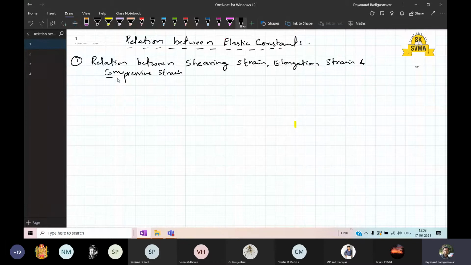These are the three types of strains that are present. You have to connect them, so I will give a small discussion hint on how to do it.